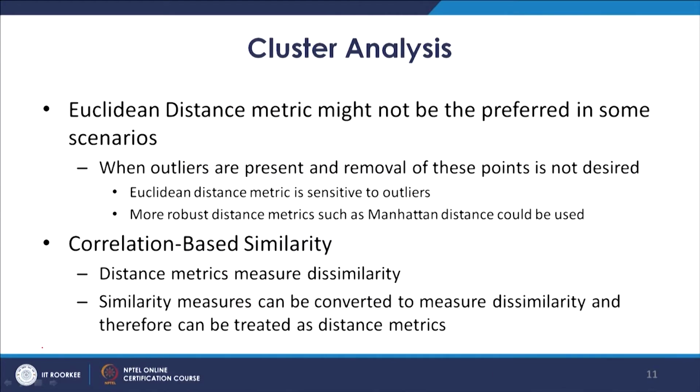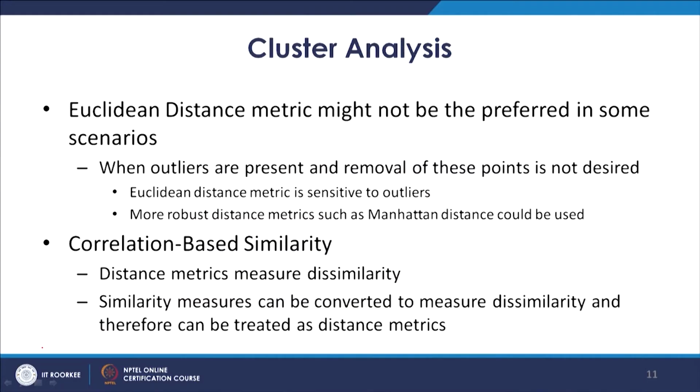Another scenario where Euclidean distance metric might not be preferred is when outliers are present and removal of these points is not desired. As we can understand, if the outliers are present, then they can significantly influence the distance computations. And for some regions, those points might be very important for the analysis as a whole, so we might not be interested in deleting or removing those points.